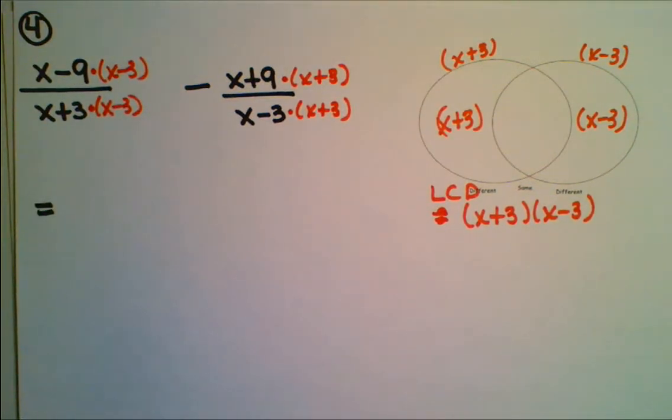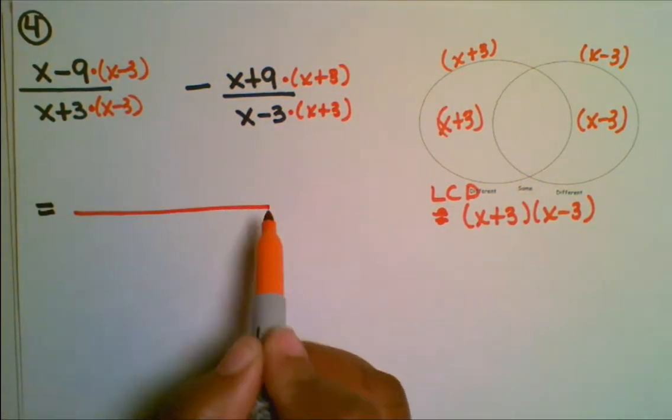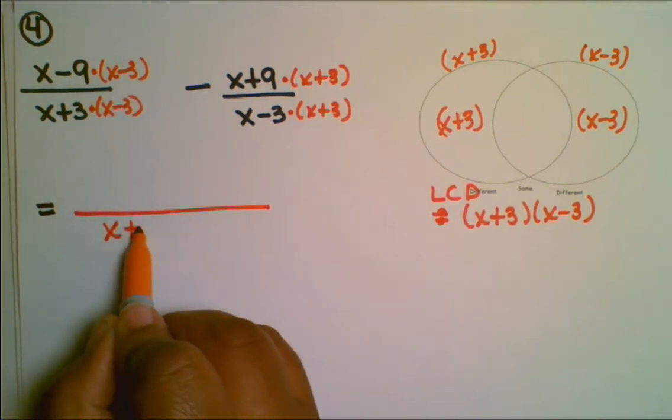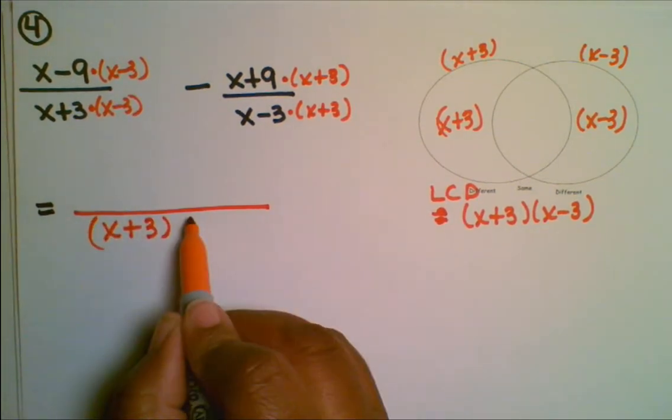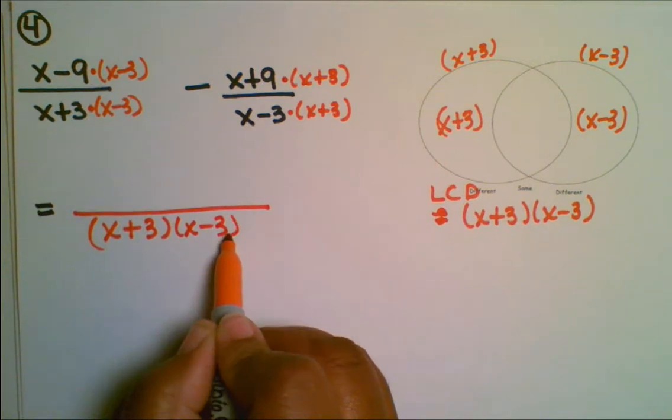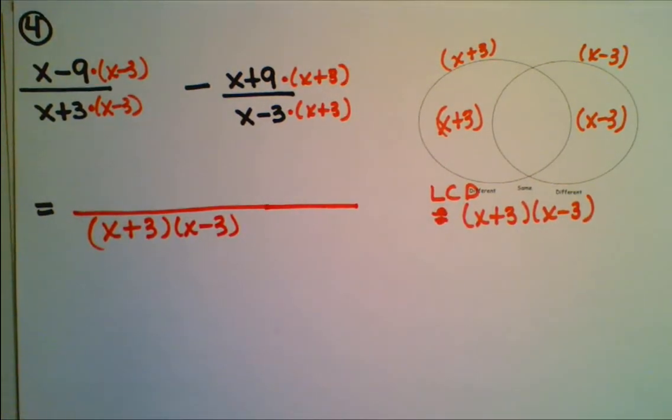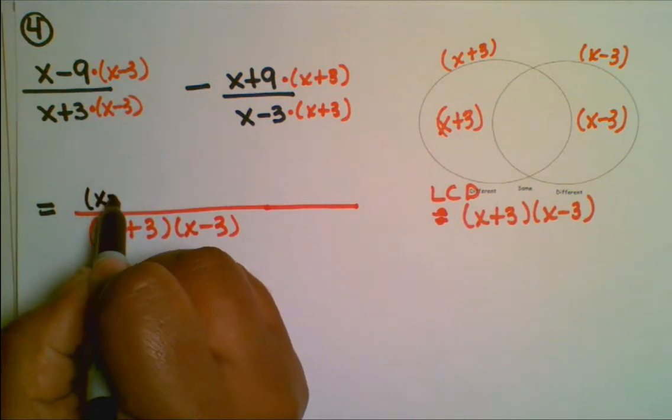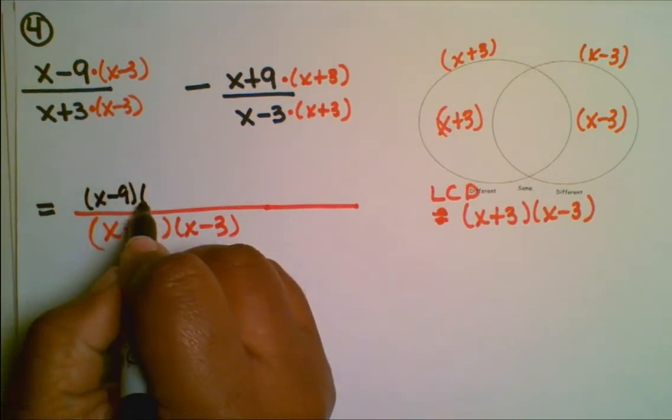And our LCD, we said, was x plus 3 times x minus 3. Let's bring together our numerators. Look at the first fraction. Yes, you see that. We have x minus 9 times x minus 3.